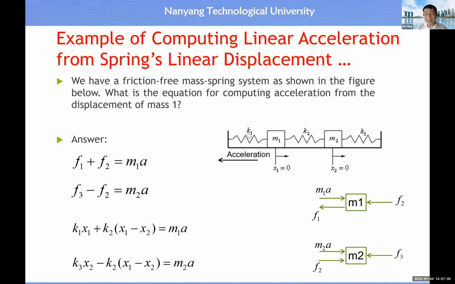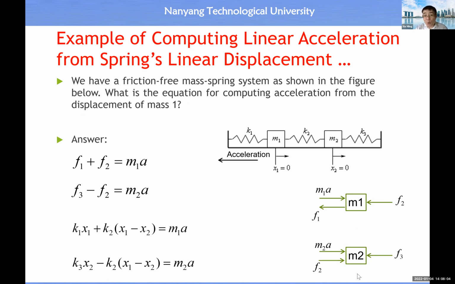And the spring K1 will also pull it, oppose the motion as well. So this is why F2, F1 point toward the same direction. Then the inertial force, okay, when there's acceleration towards the left-hand side, inertial force will point towards the right-hand side, okay? So this is the inertial force acting on M1.